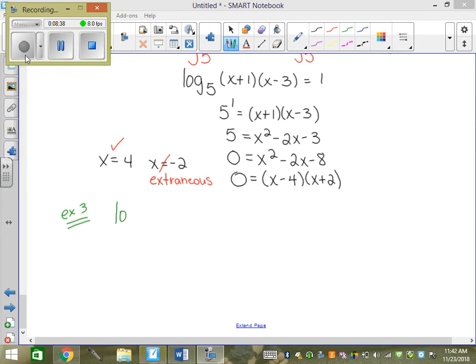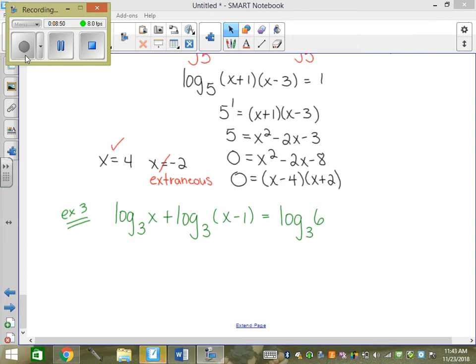So I get log base 3 of x plus log base 3 of x minus 1 equals log base 3 of 6. So what I could do is I could move all the logs to one side, set it equal to 0, get them together, and then exponential. But there's also a faster way, actually. When they're all logs, it's way easier.